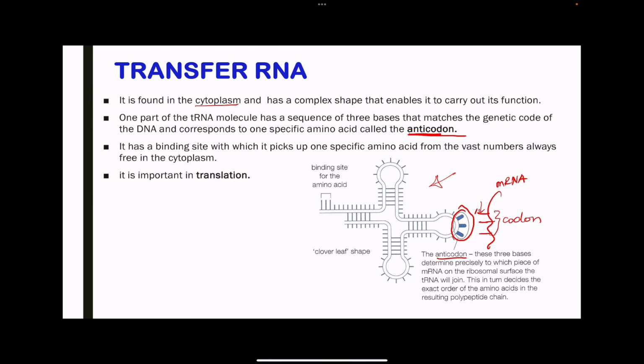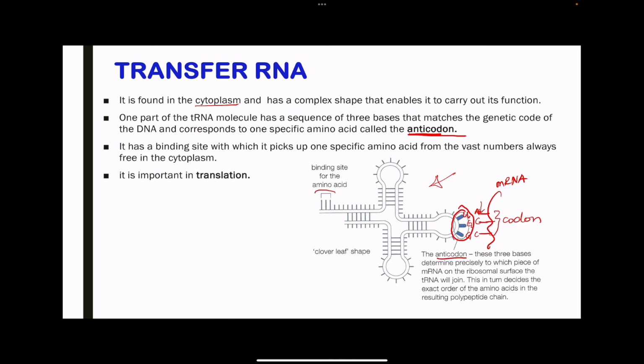So if we have adenine here, this has to be uracil, because you remember we do not have thymine in RNA, so uracil is going to be the one that binds with adenine. In cytosine, this has to be guanine, and if this is guanine, this has to be cytosine as well. I'm just using this as an example, so they have to be complementary in order for them to bind to each other as the new amino acid is added to the chain.